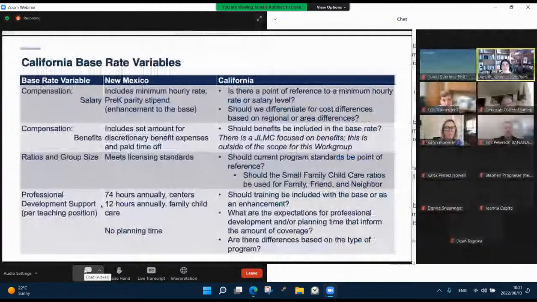I'm also trying to figure out what this means for staff in a program. Nobody working in a program should be earning below minimum wage. Then how do we scale up from there, looking at job role, and how do we benchmark family childcare to ensure that income coming in is enough to have a salary equivalent to an administrator in a program, or I know New Mexico did lead teacher.